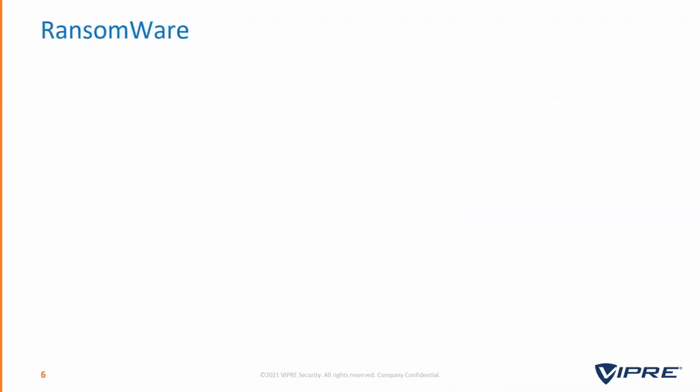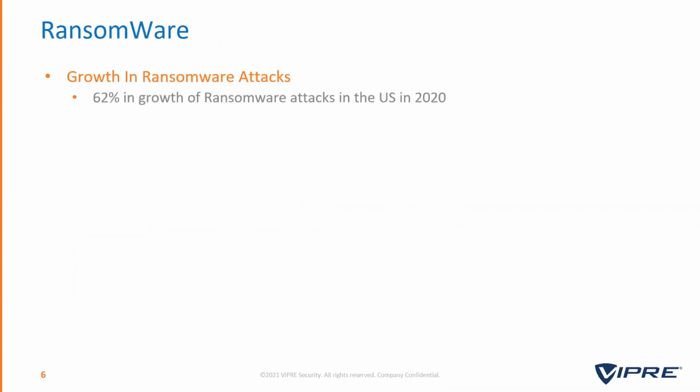So with the new ransomware, of course, there is a growth in ransomware, no doubt about it. We've seen growth year over year constantly. Gartner put out that there's a 62% growth in ransomware attacks in the US in 2020. They expect an increase of 10 to 12% per year until 2025, so that's a higher number that keeps getting bigger and bigger.